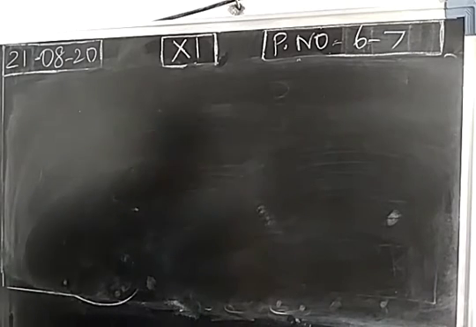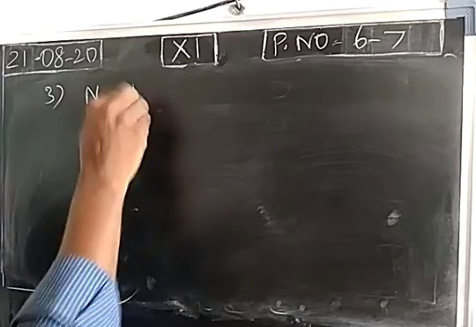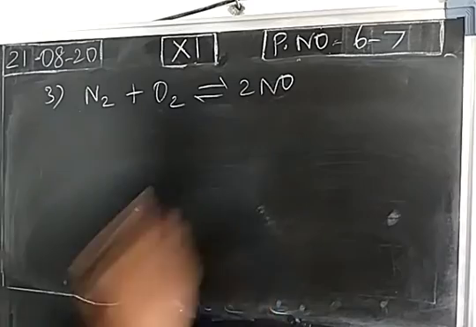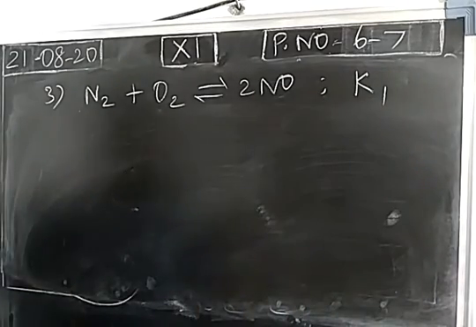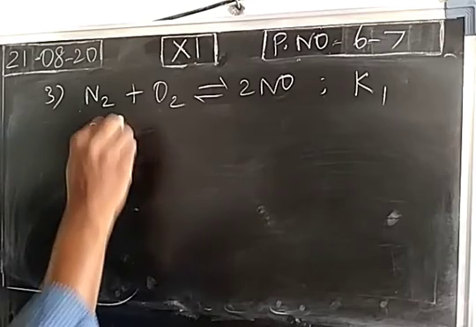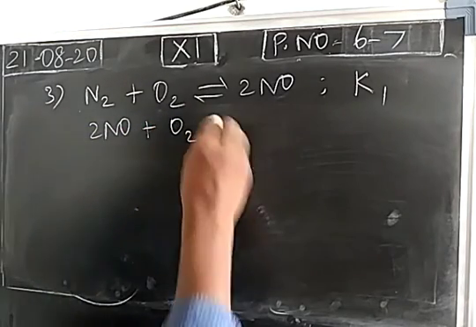Next, another 3-mark problem. Nitrogen gas combines with oxygen gas. It forms nitric oxide gas. The equilibrium constant is taken as K1. Next, nitric oxide combines with oxygen.